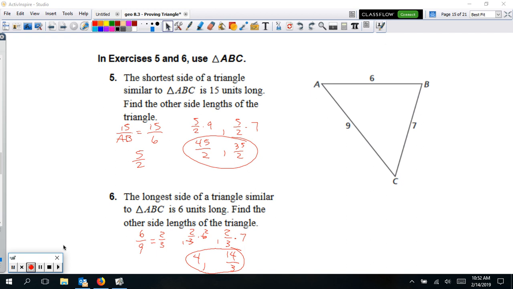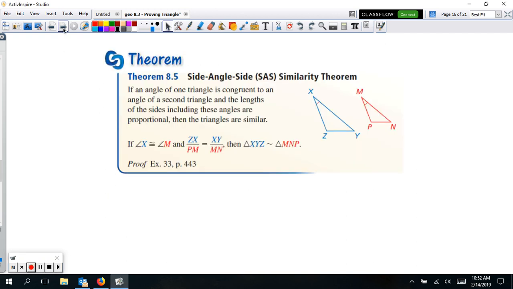Okay, so we're not quite done yet. There's still a little bit more to come. We haven't talked about this side angle side similarity theorem. We did talk about this with congruence as well. So we could also prove triangles congruent with SAS, but it would have to be where the sides are congruent and the angles congruent. Here, the angle still has got to be congruent.